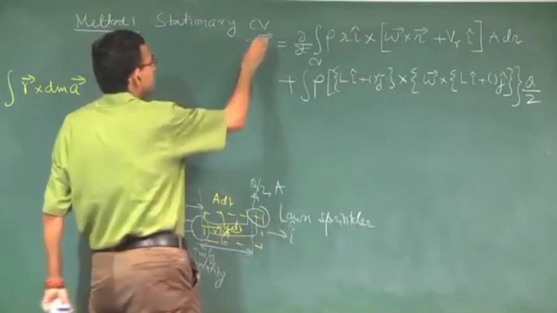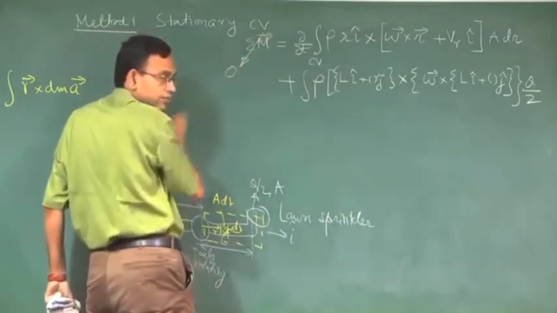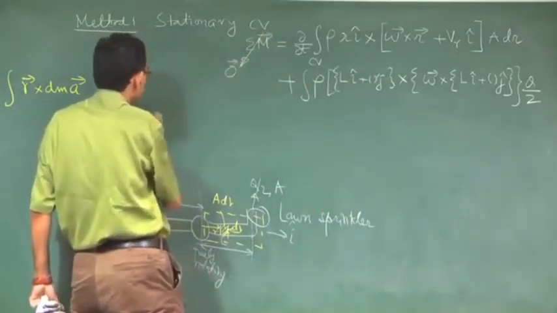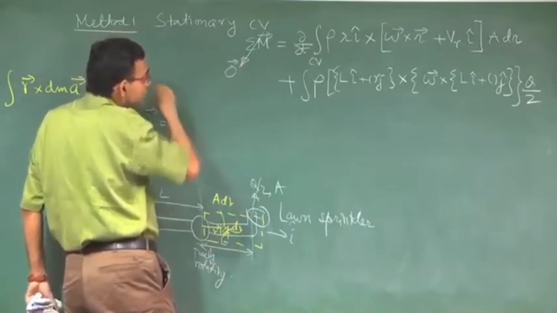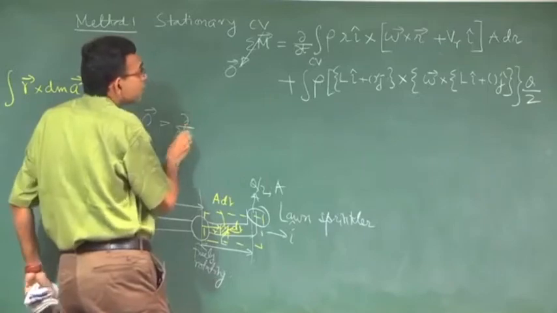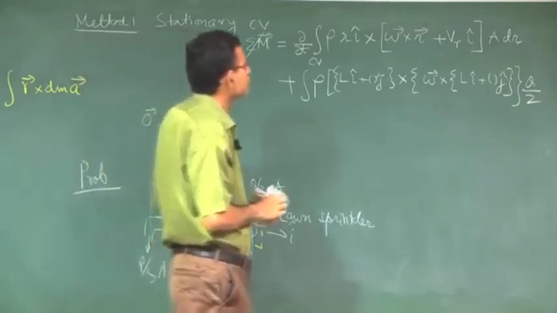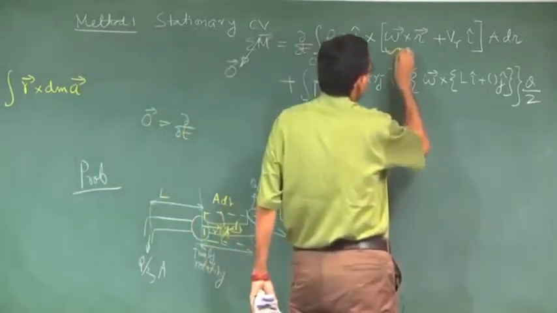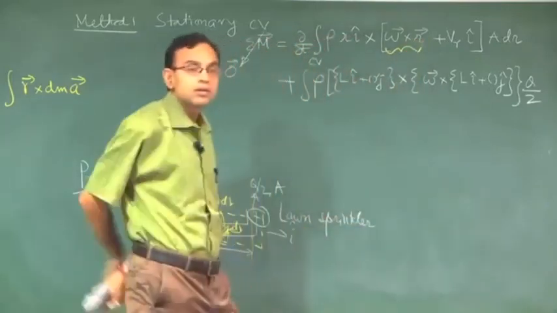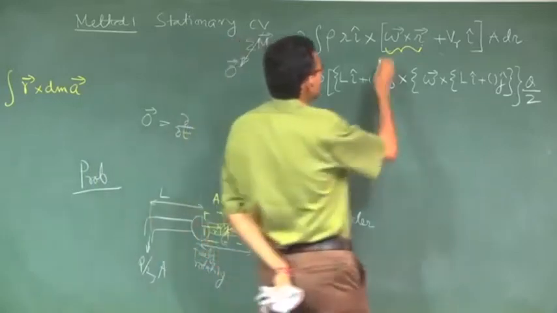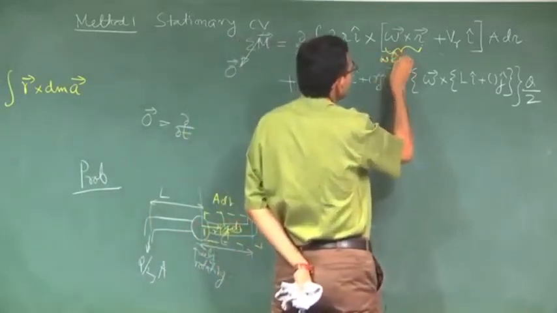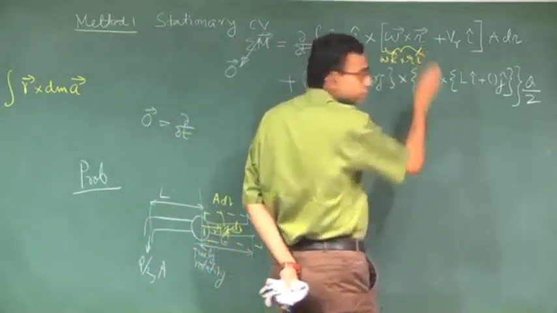So first of all, because it is freely rotating, this is 0, a null vector. So null equal to, let us write this, this is omega k cross Ri, right.